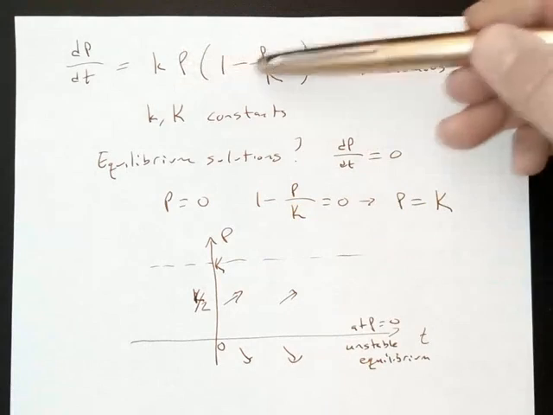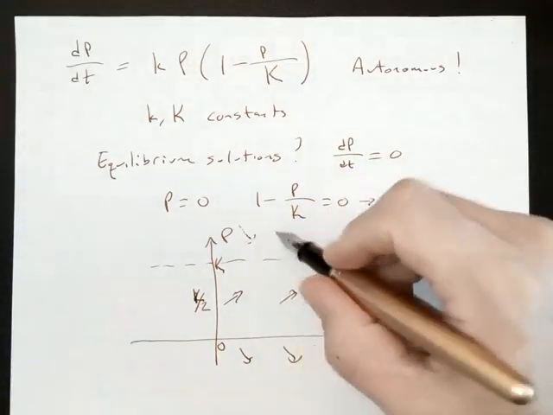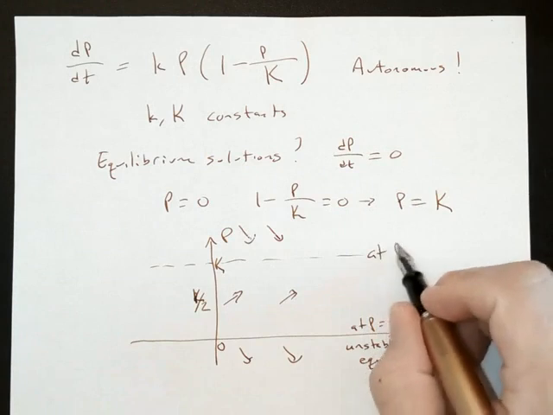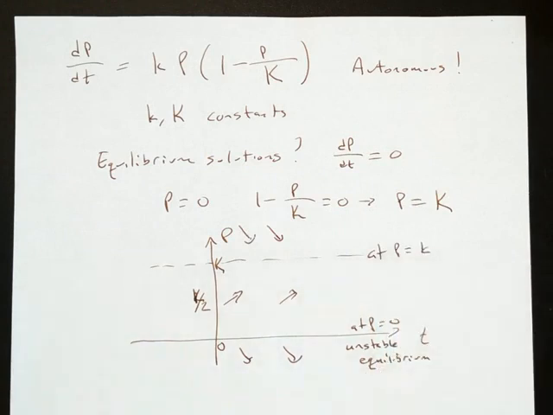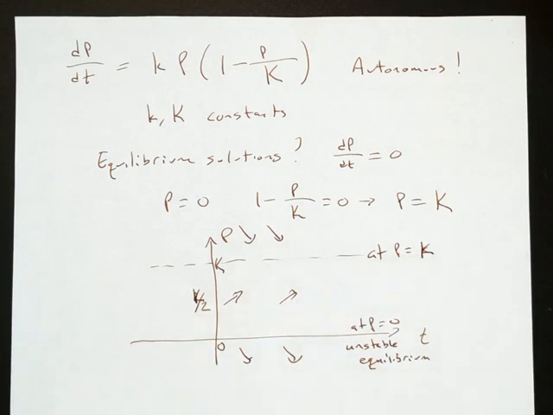These slopes go down. So what happens at this equilibrium solution? It's stable.